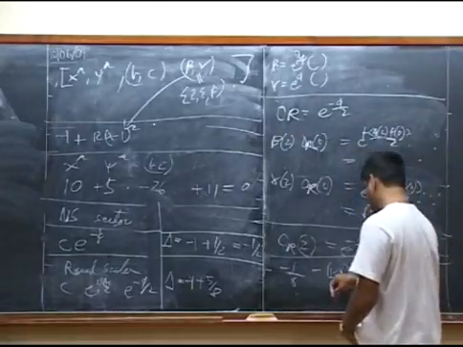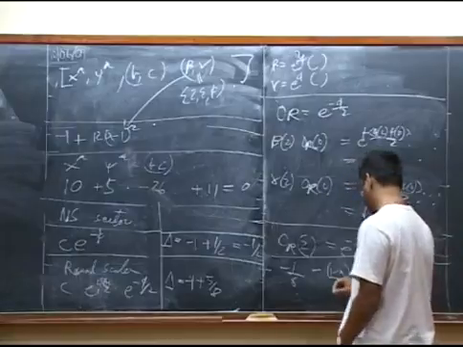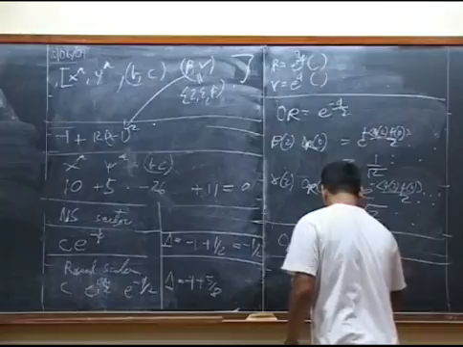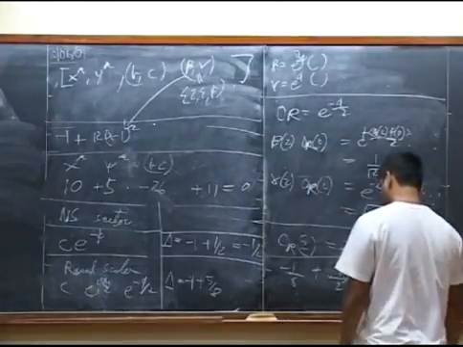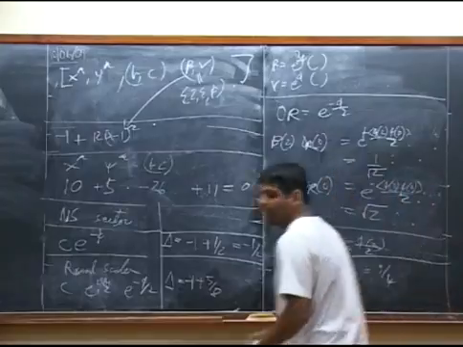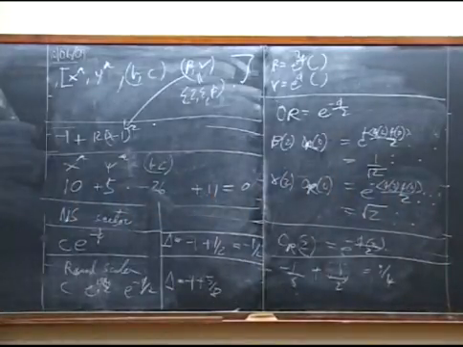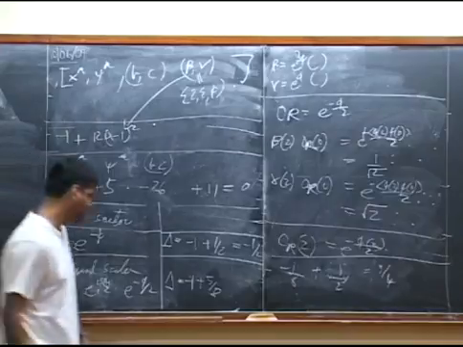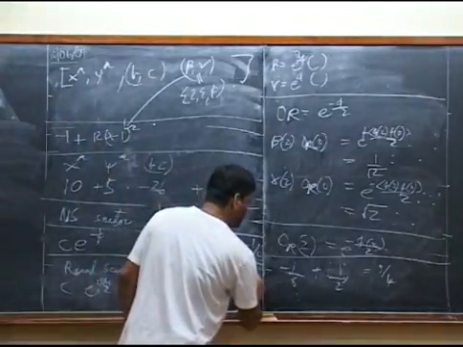Now lambda is equal to 2, so that becomes plus a half. So that's equal to plus 3 by 4, right?